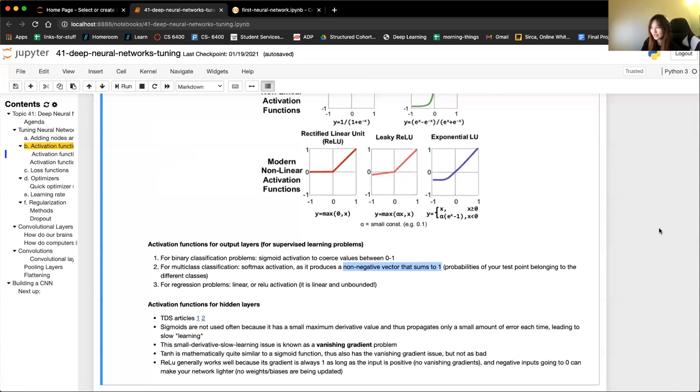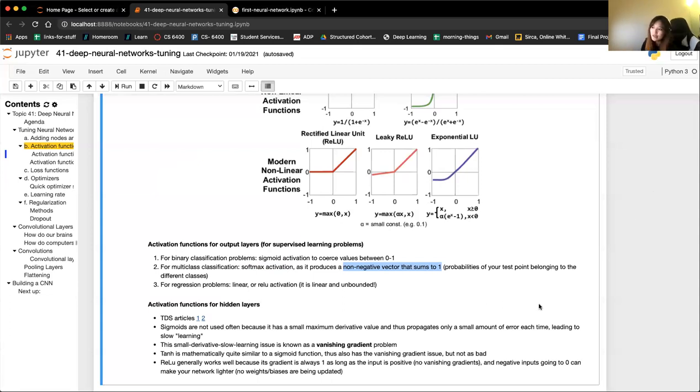What that means is if I have 5 different classes, the output is going to be 5 different numbers that sum up to 1, and each of those numbers represents the probability of that data point belonging to a class. Therefore, the softmax activation function is very appropriate for multi-class classification problems.